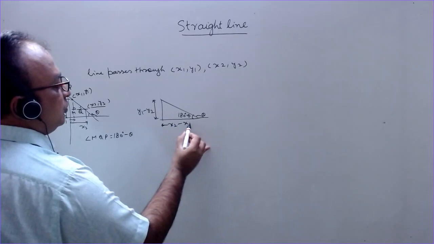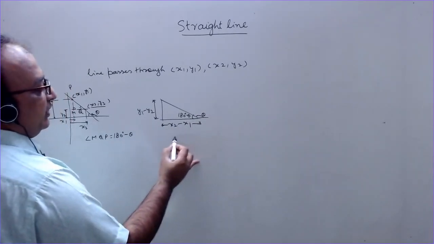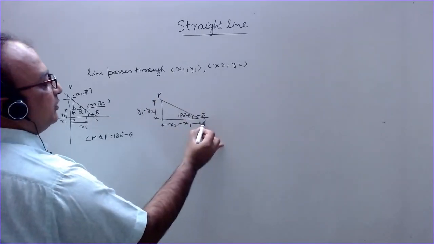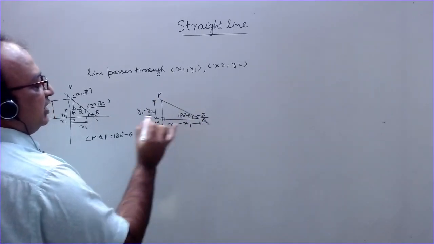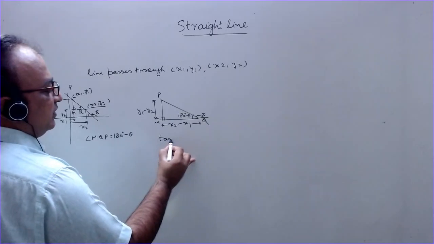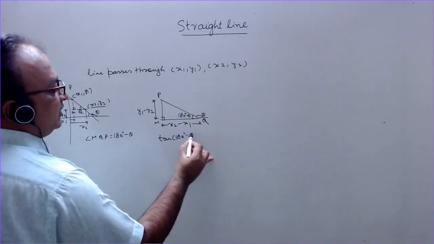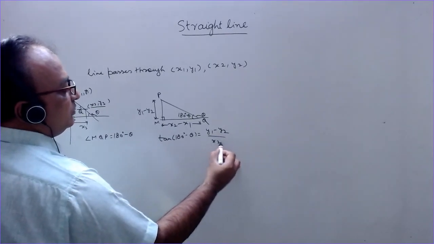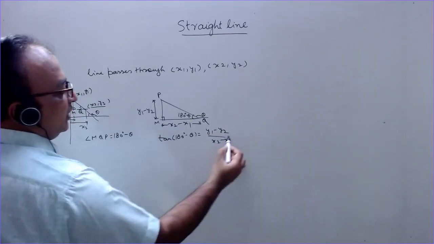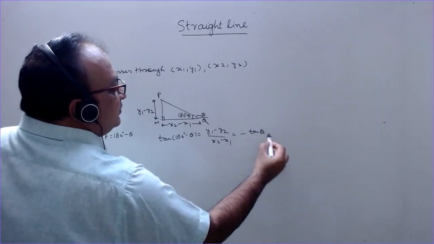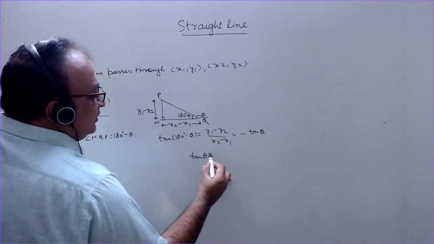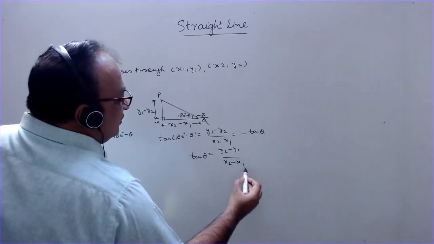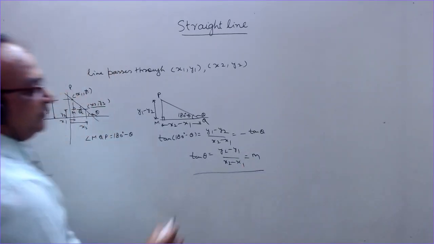So what is the slope of this line? This I have to find. So in this triangle, this point is P, Q, M. This is a right angle triangle. What is tan 180 minus theta? y1 minus y2 upon x2 minus x1 equal to minus tan theta. So tan theta is y2 minus y1 over x2 minus x1, which is the slope of this line.